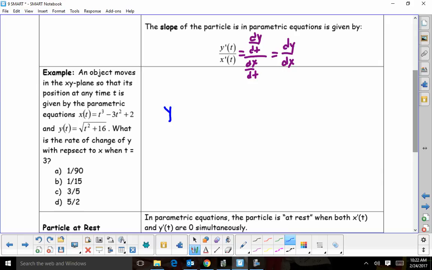I have to take the derivative of y at 3 over the derivative of x at 3. And this would give me the slope at 3. So this would give me dy/dx evaluated when t is 3. Okay, go see if you can find this.